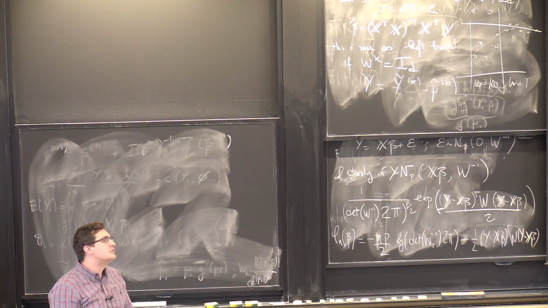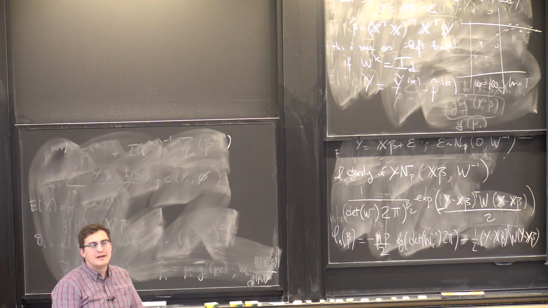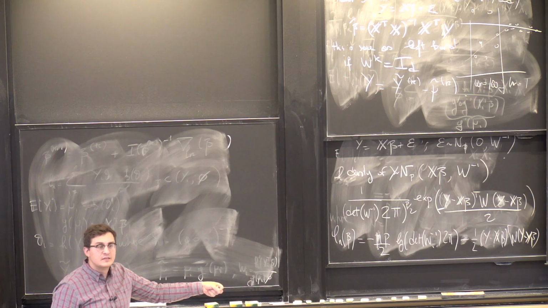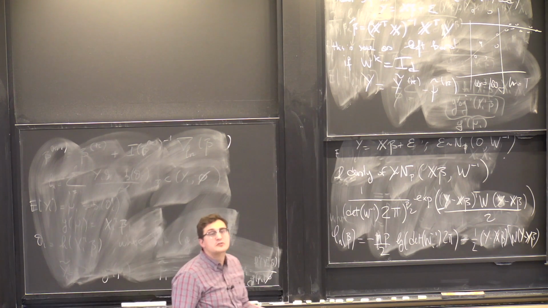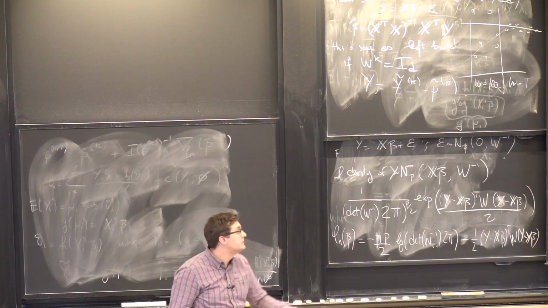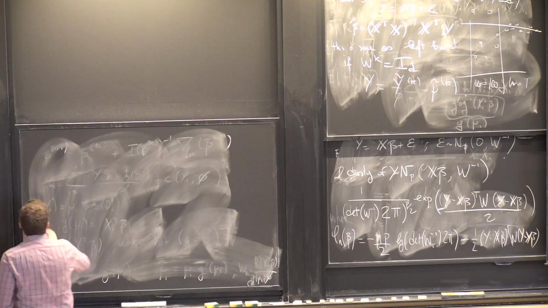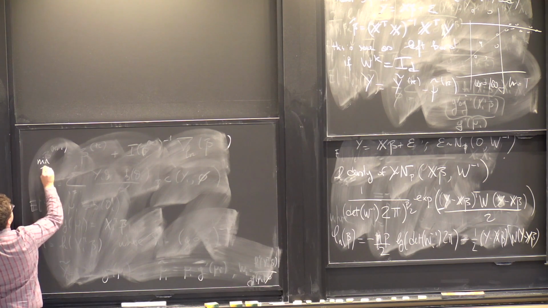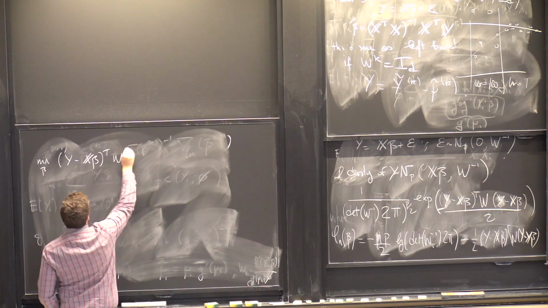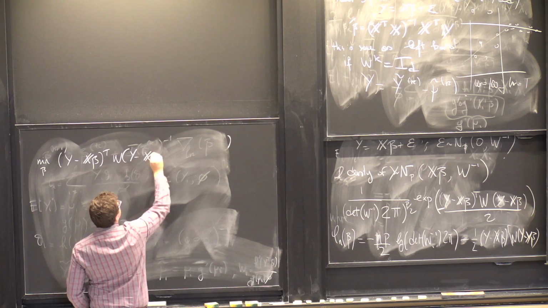And I'm going to assume that no variance is equal to 0 and no variance is equal to infinity, so that both W inverse and W have only positive entries on the diagonal. So in particular, I can talk about the square root of W, which is just the diagonal matrix with the square roots on the diagonal. And so I want to minimize in beta y minus x beta transpose W y minus x beta.